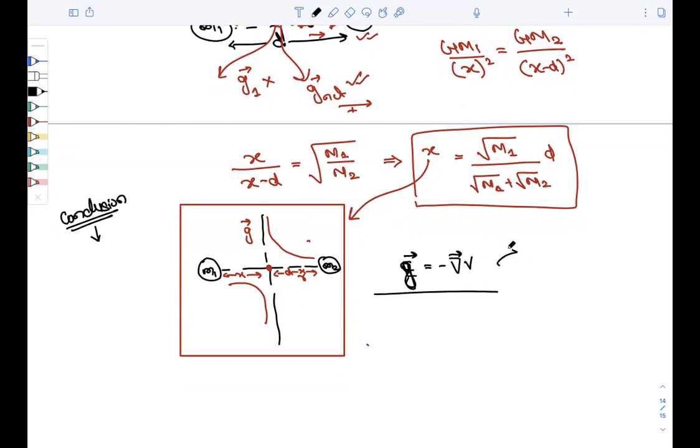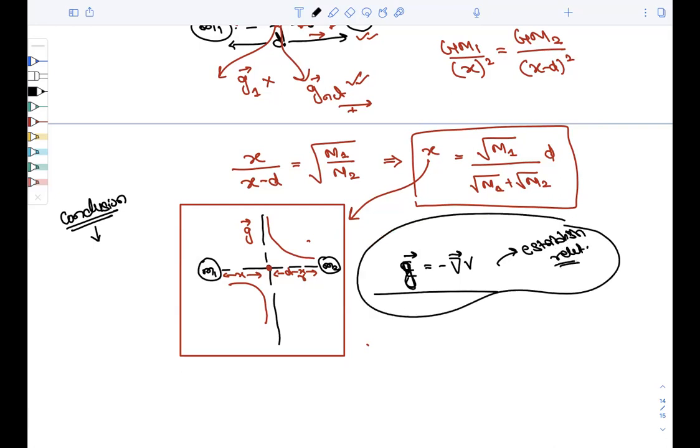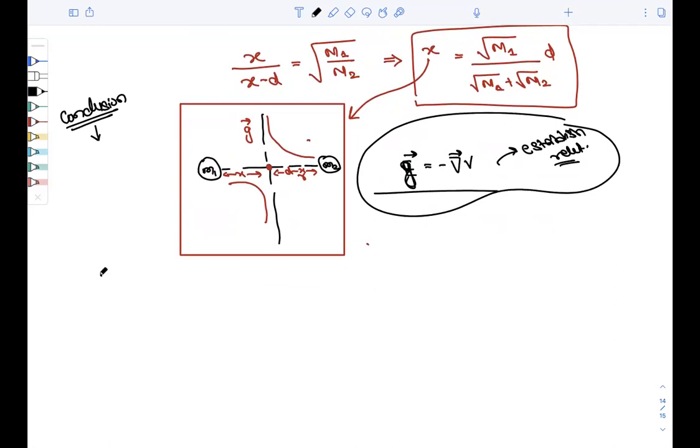So just establish a relationship between them, right? This you can write, but more important is that you should write the gravitational potential definition. So gravitational potential at a point, you should be writing the definition. What is the definition?